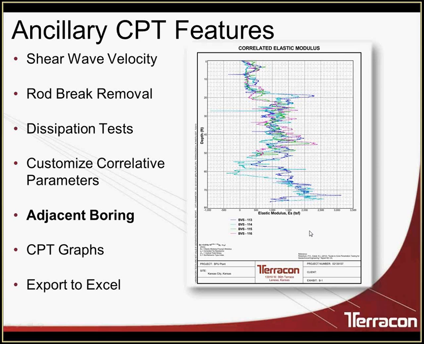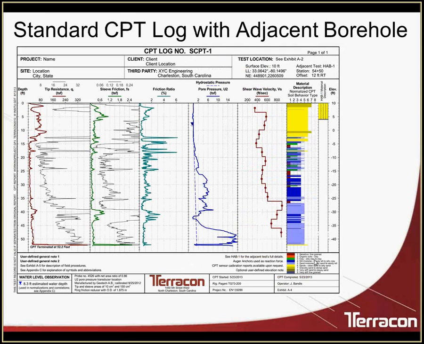So that brings us to our next item, which is the adjacent boring. Oftentimes it's helpful to perform an adjacent boring adjacent to a CPT to get some physical samples of the soil. Here's an example of a log where the user identified a hand auger boring to 6 feet adjacent to the CPT.